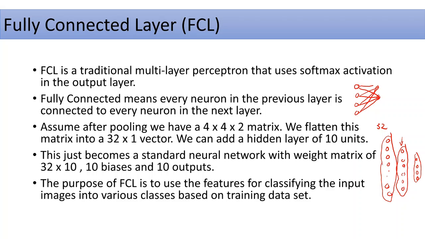Apart from classification, adding a fully connected layer is also a cheap way of learning non-linear combinations of these features. Most of the features extracted from the convolutional and pooling layers may be good for a classification task, but a combination of these features may even be better.